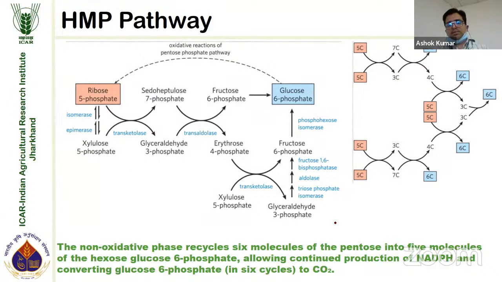That glucose will enter the oxidative mode of the HMP pathway, and that oxidative mode will generate enough reducing equivalents required for biosynthesis of various essential metabolites. Okay.